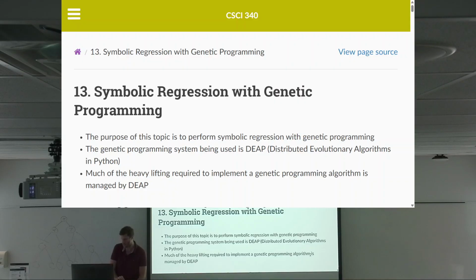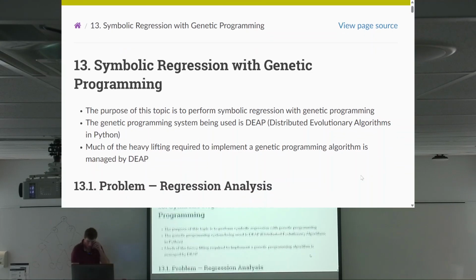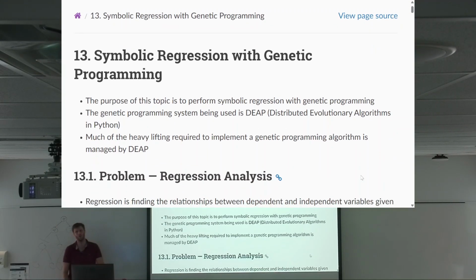When I say regression, raise your hand if you have heard the phrase regression or regression analysis before. Raise your hand if you know what it means. Yeah, okay, that's fine. I'll kind of explain it. So this topic, we're going to show how to do regression analysis, symbolic regression, to understand phenomena, okay? We're going to use DEAP.